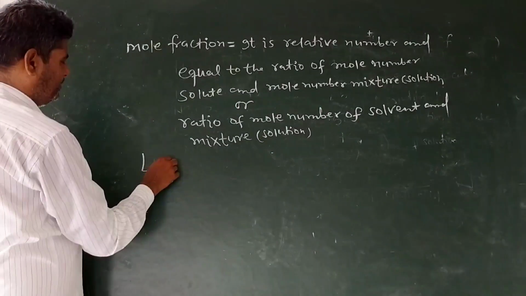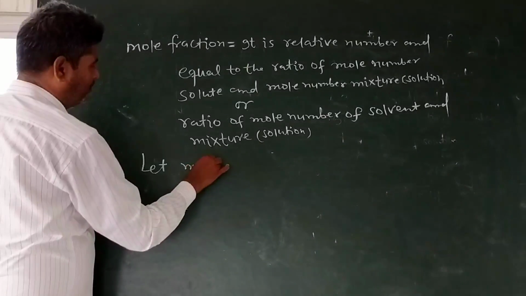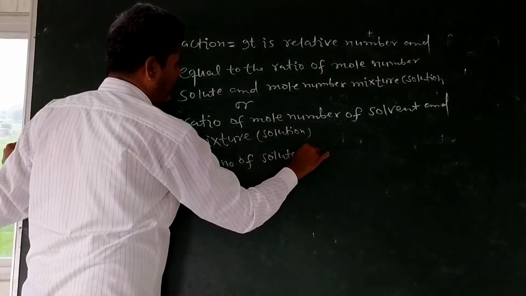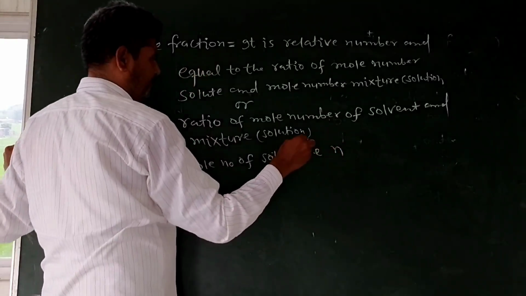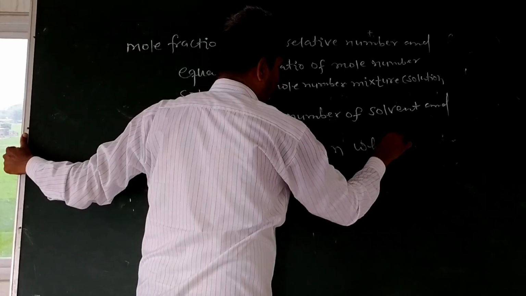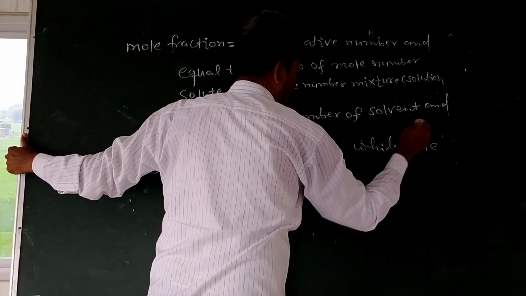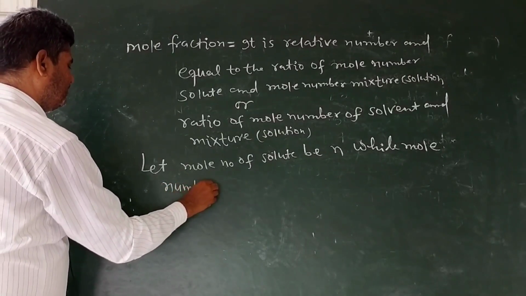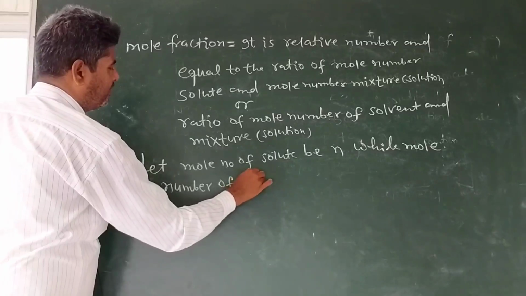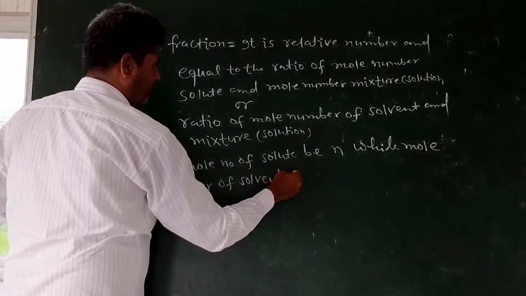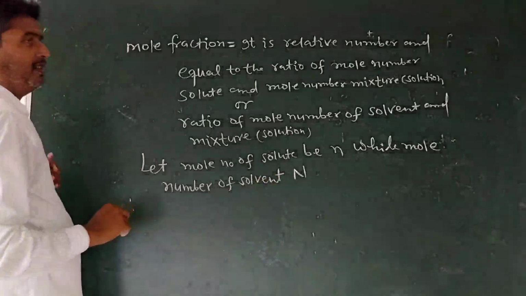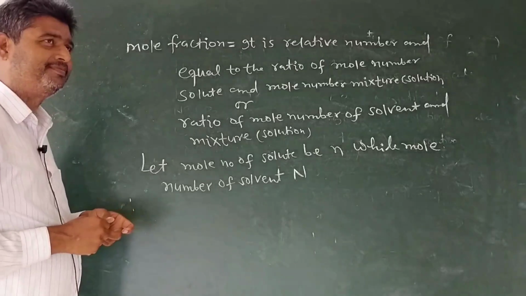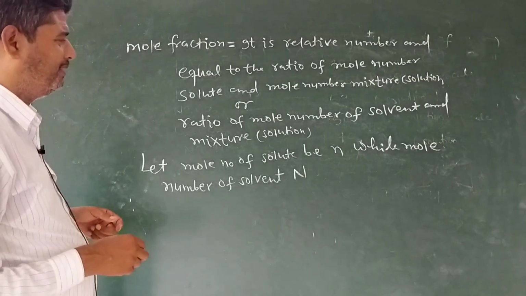Let mole number of solute be small n, while mole number of solvent capital N. So when solute and solvent are mixed to each other, solution is obtained.